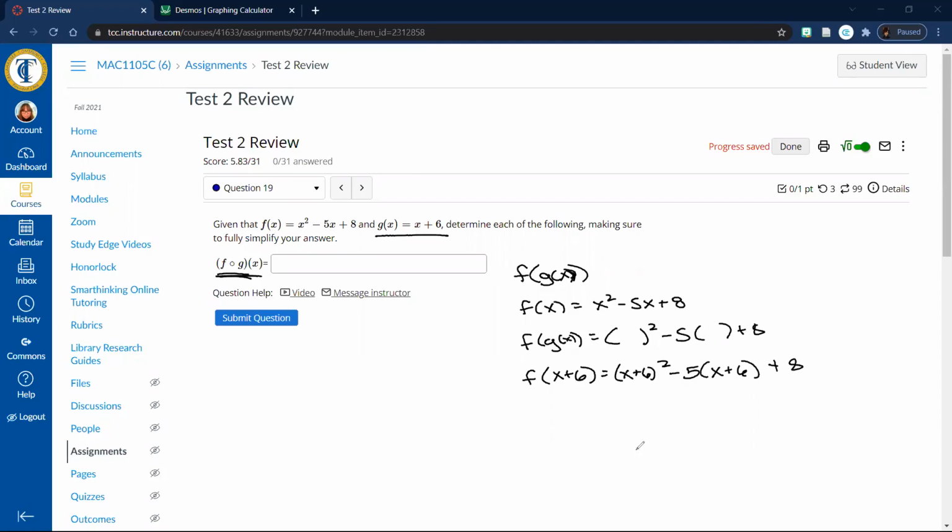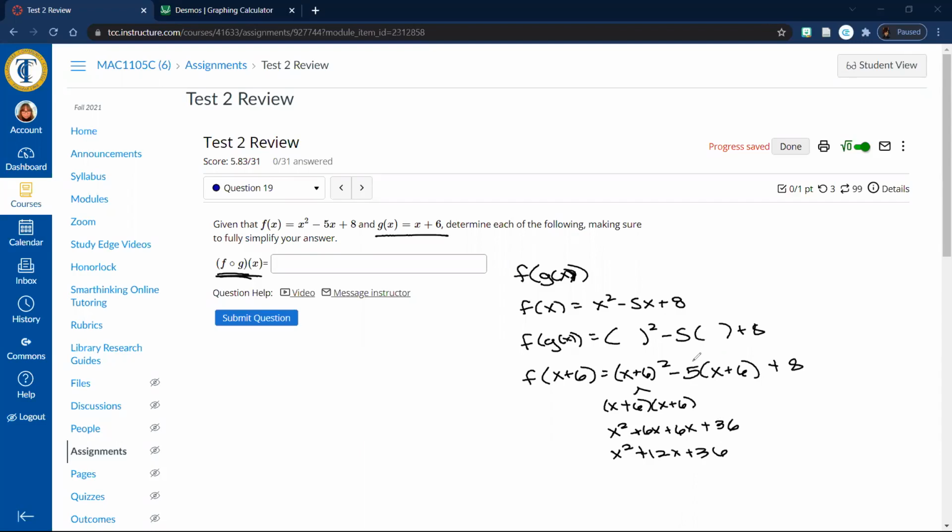Okay. And then again, this is one of those ones where you have to FOIL. x times x is x squared. x times 6 is 6x. Plus x times 6, which is 6x. 6 times 6 is 36. So you end up with x squared plus 12x plus 36.